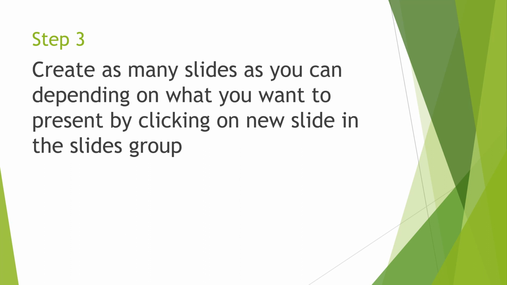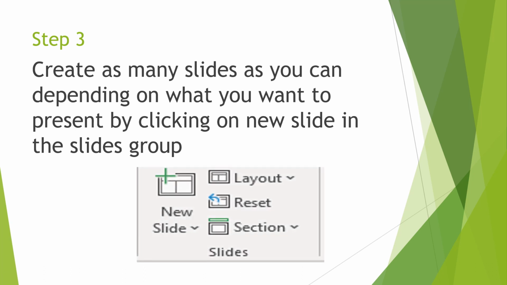Before that, let us have a snapshot of the same. This is the snapshot of the slides group. The whole of this is what we call a group, and the contents in this group are the new slide, the layout, the reset, and the section. So the whole of it is what we call a slides group.